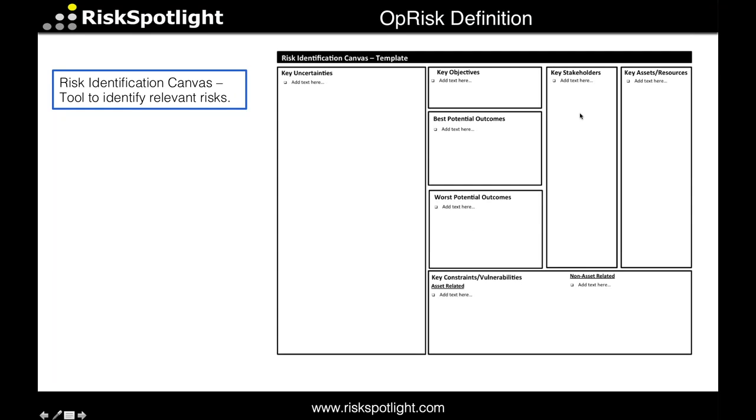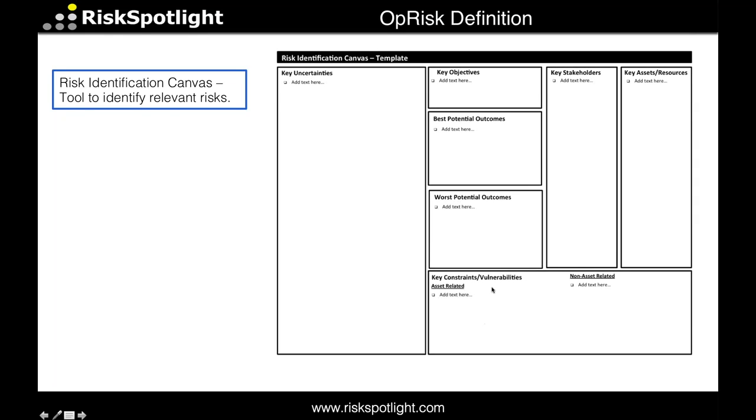So we list down a couple of examples there, and then you try and identify the various stakeholders who may be involved in the context of that objective, because again, we want to make sure that we understand the trust and the fairness aspect of those stakeholders, that if those stakeholders could influence our processes, our IT systems, our people in a certain way, or they may be impacted in terms of the expectation around fairness and trust, then we want to identify those stakeholders. We also want to then identify some of the key assets or resources which are helping us achieve that objective.